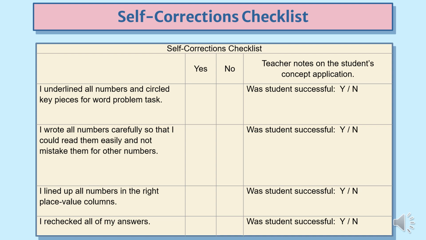And then they recheck their answers. I've included an additional example in our appendix, which includes an additional column for the student to identify the problem number. This also allows teachers to make notes on the student's academic performance, which can serve as a tool for explicit instruction and progress monitoring.